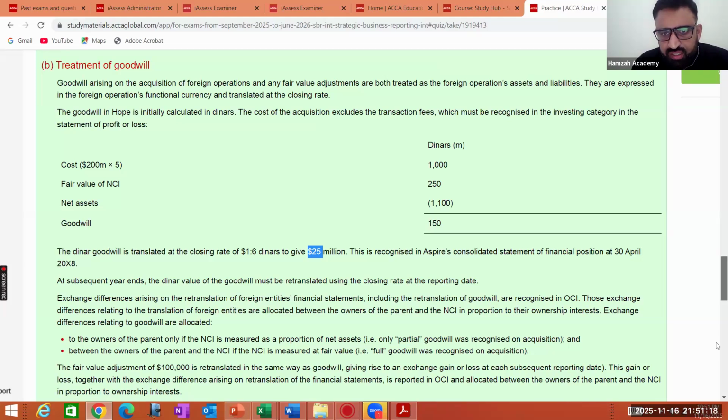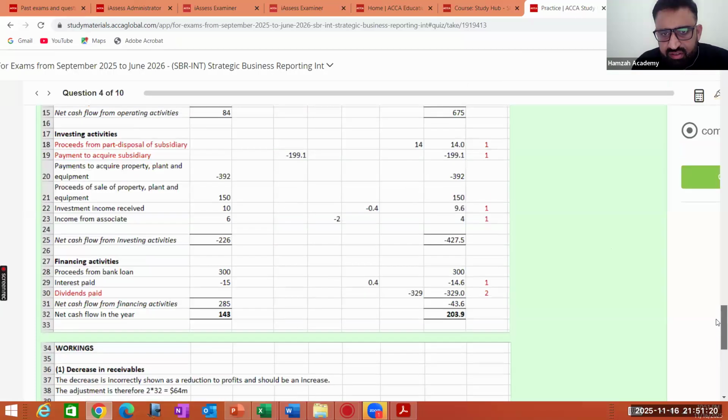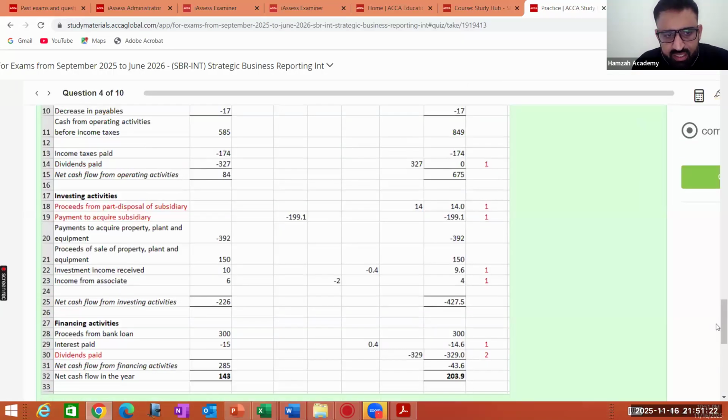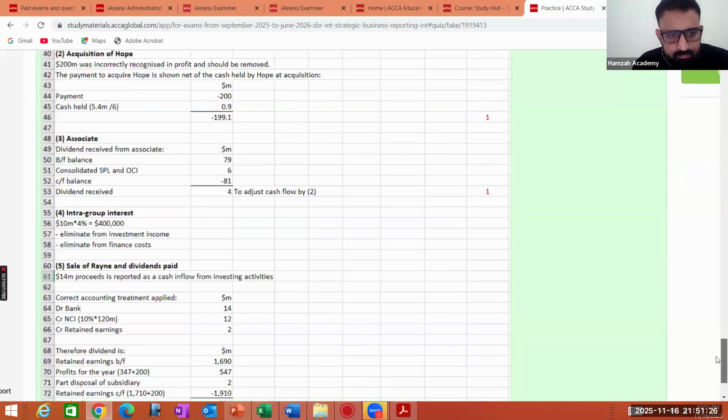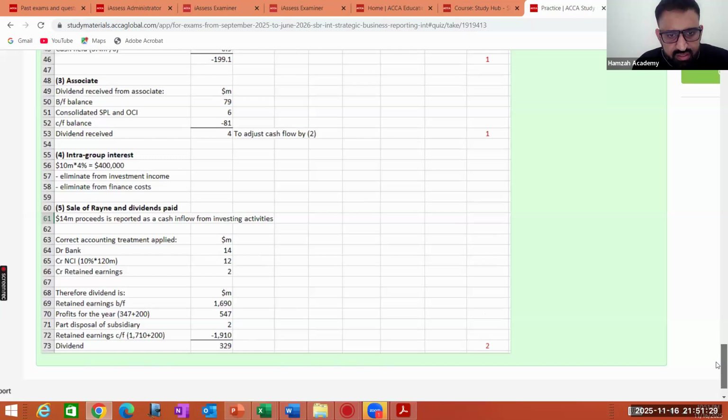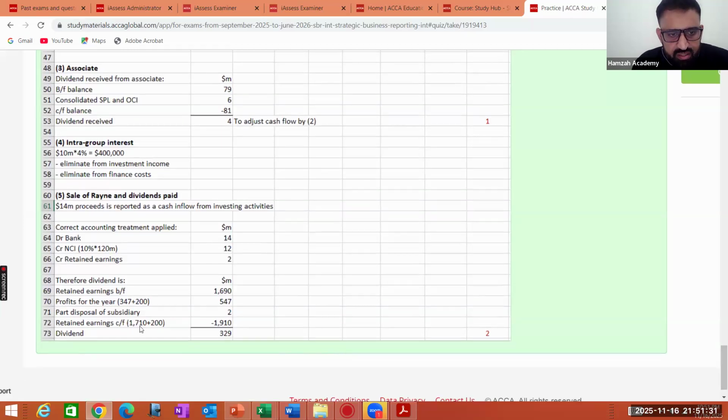Okay, now look here. Now here they have minus 329, and that needs to be a disposal of a subsidiary. Profit for the year 347 and they are adding 200.